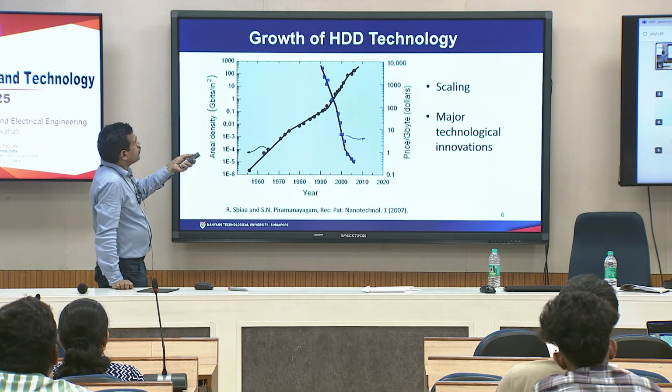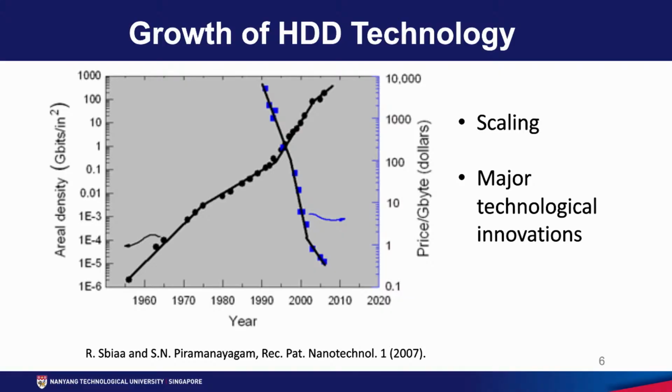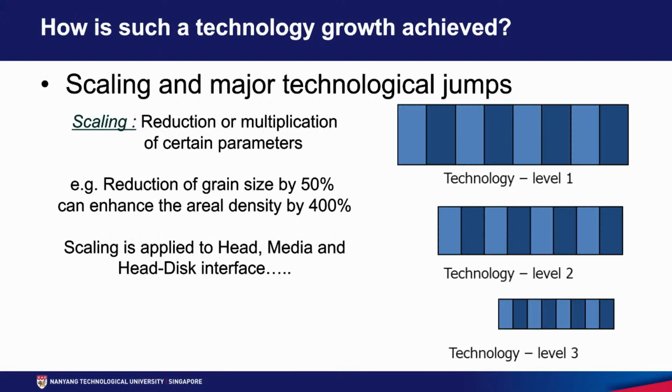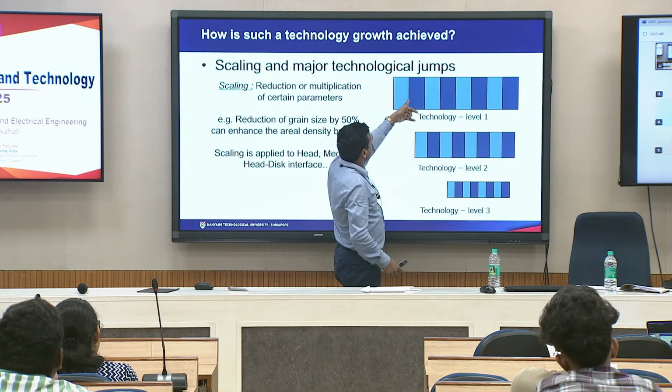So, this kind of growth happens in two ways. One is called scaling, another one is called major technological jumps. When we say scaling, what we mean is, let us say these are the bits of technology in the 1980s. The bits are this length and this wide.